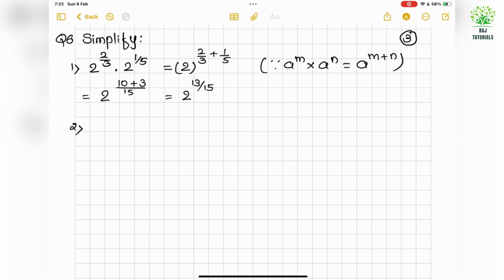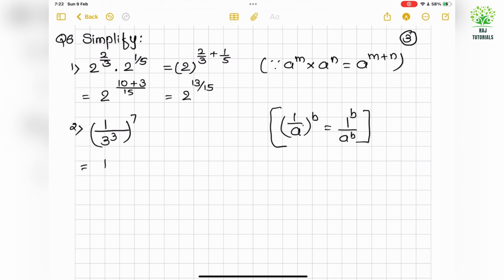Now the second one is 1 upon 3 raised to 3, whole raised to 7. So this is nothing but, I am using the identity 1 upon a raised to b equals 1 raised to b upon a raised to b. So this will be 1 raised to 7 upon (3 cube) whole raised to 7.